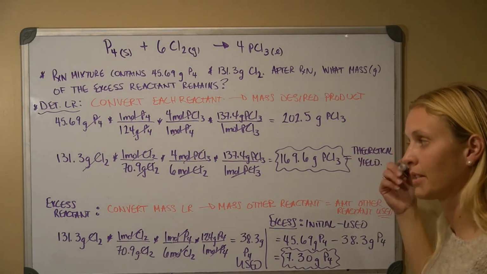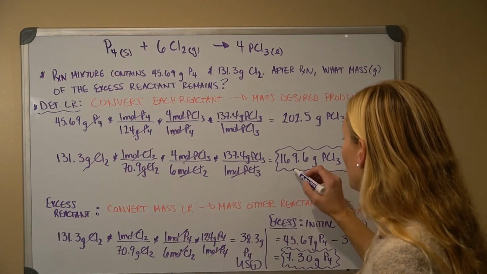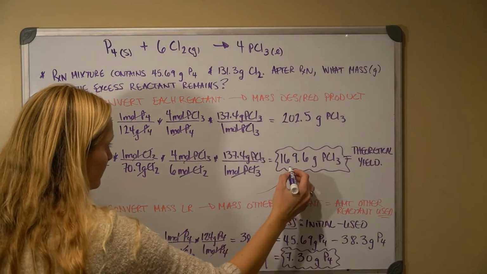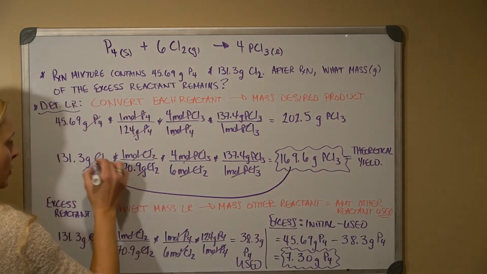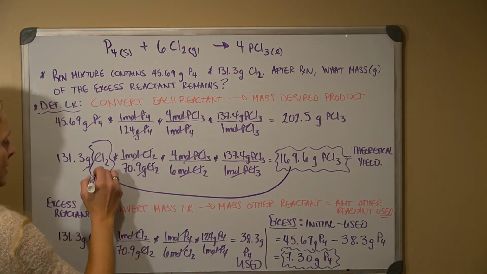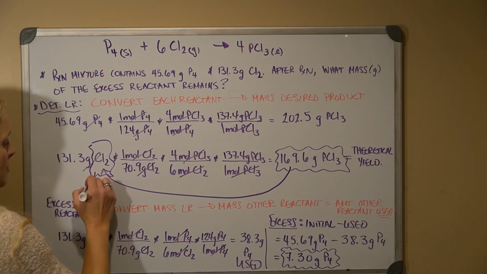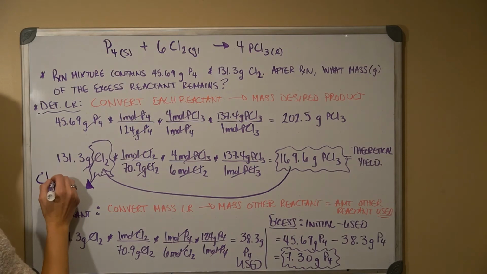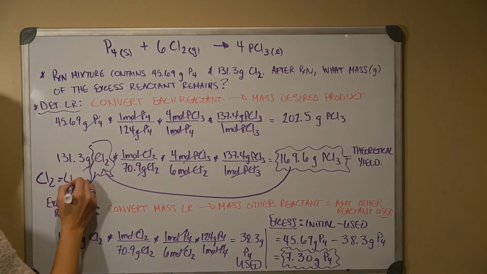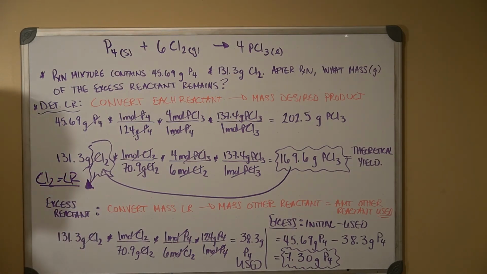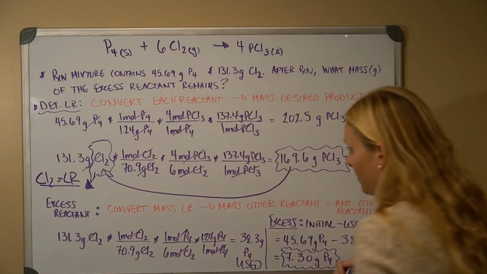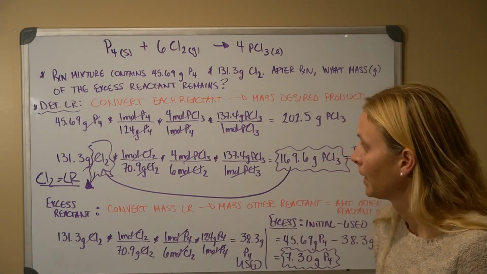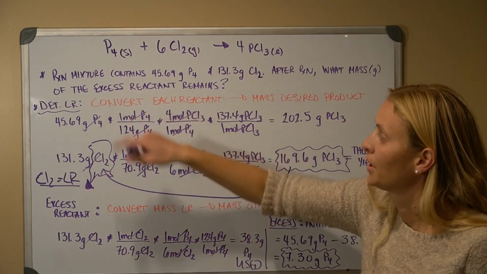The problem doesn't ask what the theoretical yield is, but that Cl2 reactant gave me that smaller mass of product, and so Cl2 is the limiting reactant. All right, so I figured out that the limiting reactant is Cl2.